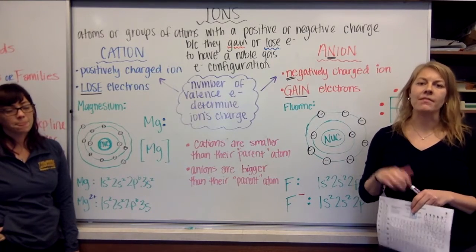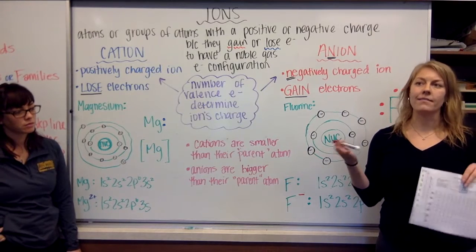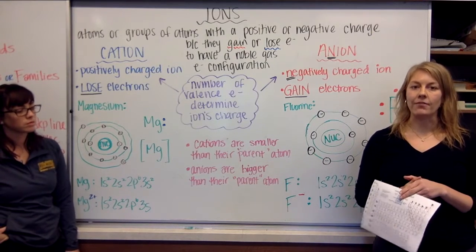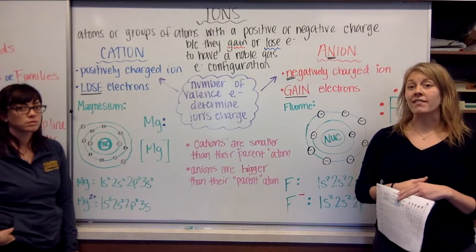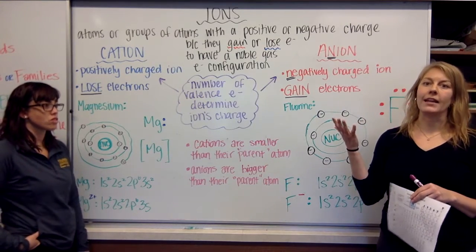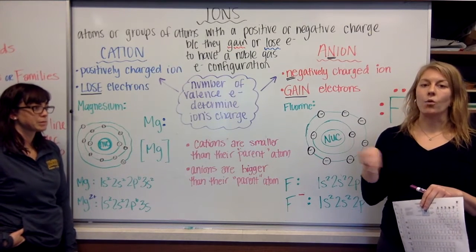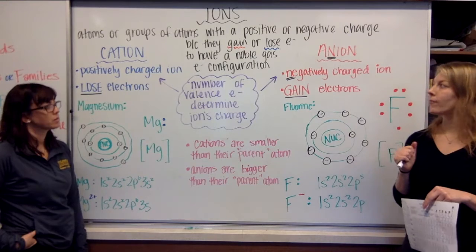For most atoms that means 8 total valence electrons, because most of the noble gases have 8 valence electrons. We do see some exceptions where they will gain or lose electrons to look like helium, which only has 2 valence electrons because it only has 1 s shell.